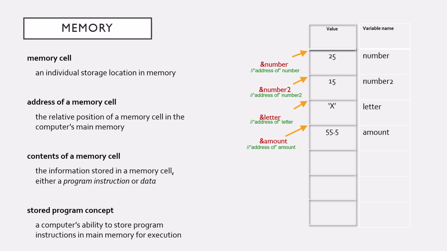This is just a look at how things are stored in memory. Now, there's no guarantee that everything would be stored in memory contiguously, but you have your variable. This would be your variable name in your C++, and then this is the value. That would be like saying int number equals 25.